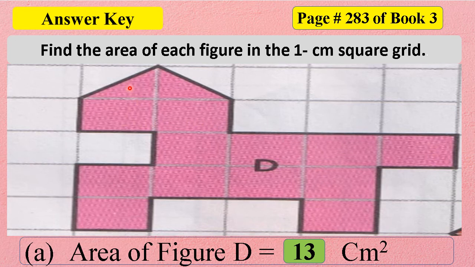Half square unit and half square unit is equal to 1 square unit. 12 plus 1, 13. 13 square units are there. Area of figure D is equal to dash centimeter square, 13 centimeter square, and this is your answer.